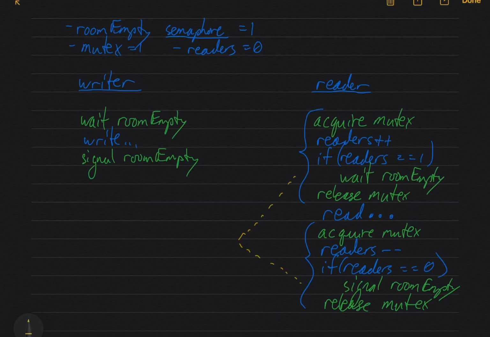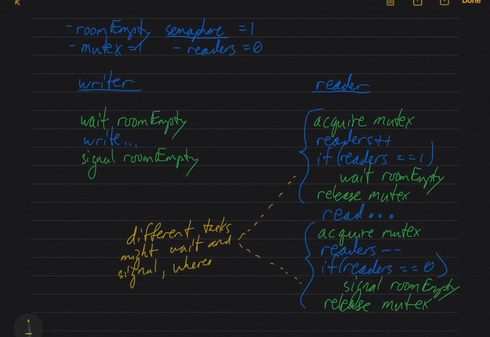So it has to be the same task if it's a mutex. If it's a semaphore, then it doesn't have to be the same task. And that is why. So I'll just add a note here. Different tasks might wait and signal, whereas only a mutex owner can release it.